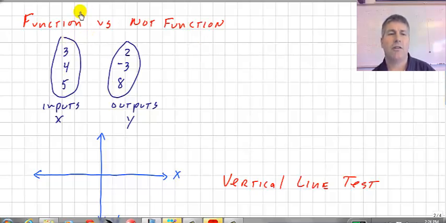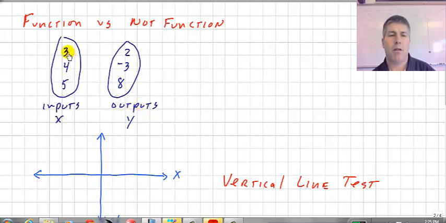So here's another example of something that might be a function versus not a function. So let's look at our mapping diagram here. We've got two maps. In one group we have 3, 4, and 5. Those might be our inputs, our x's, and 2, -3, 8. Those would be our outputs.